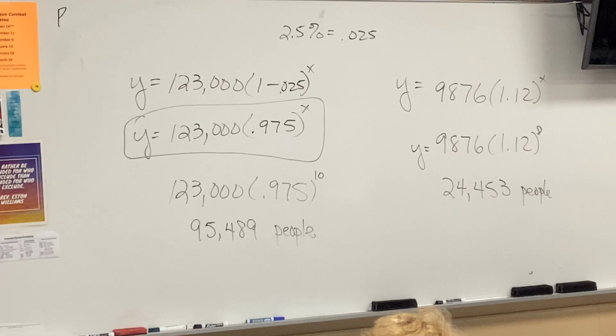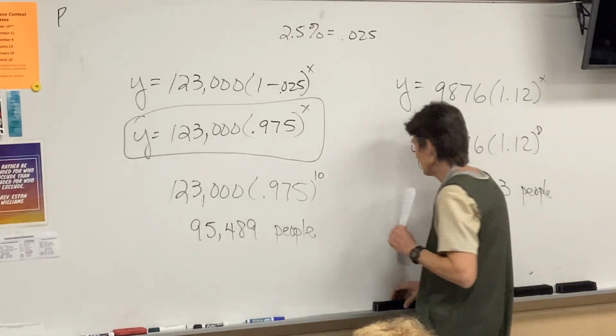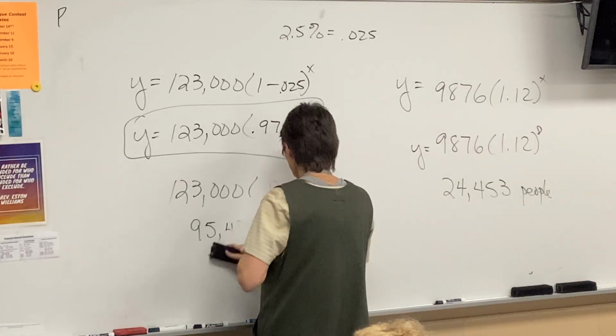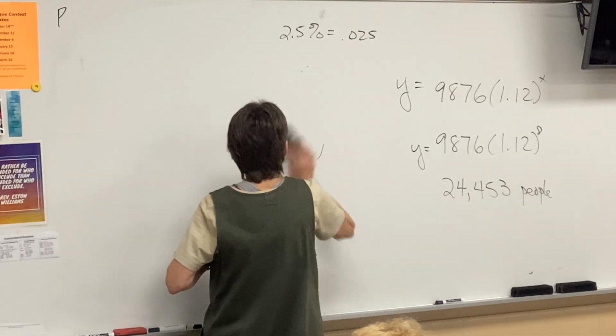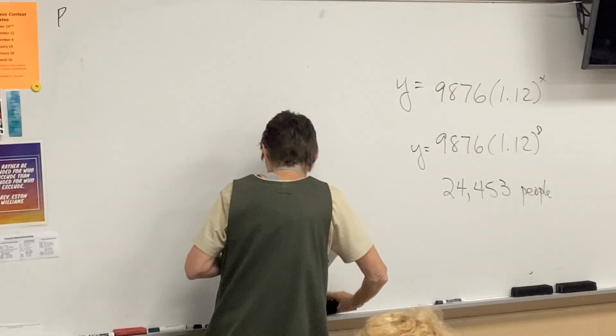All right, number 2. Write the equation of the exponential function containing the given points. We did a couple of these a bit ago where we needed our calculator. You will not need a calculator on these. These numbers are pleasant.